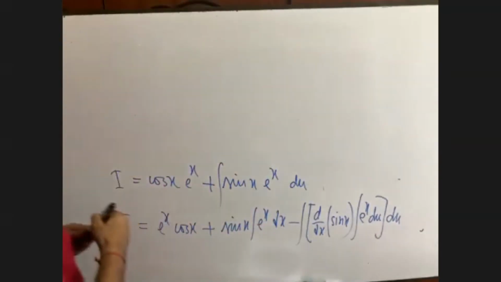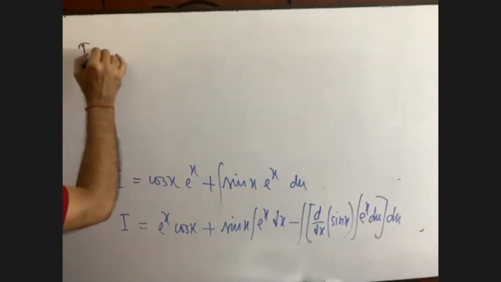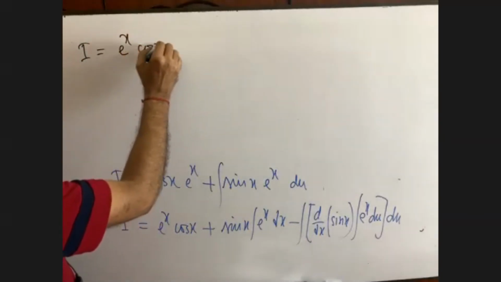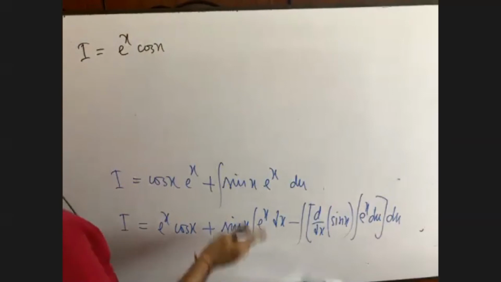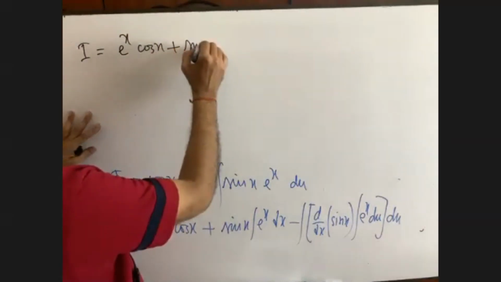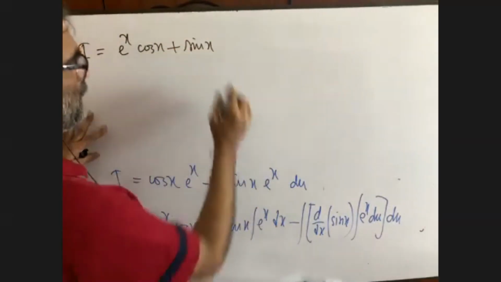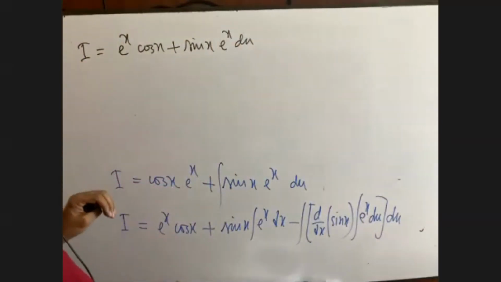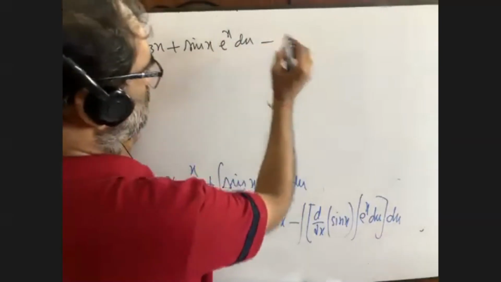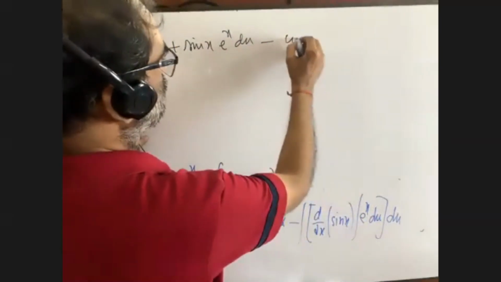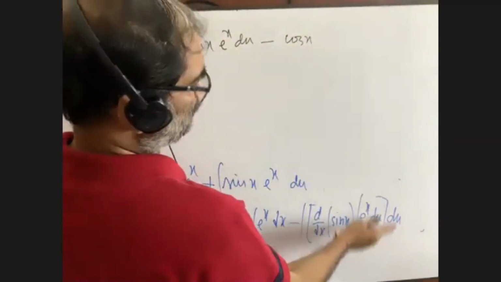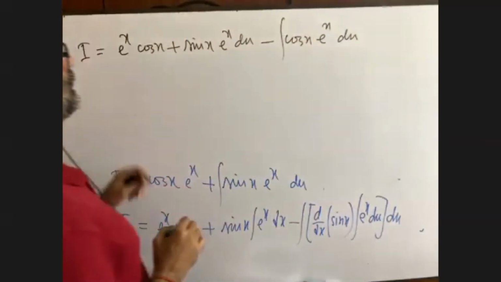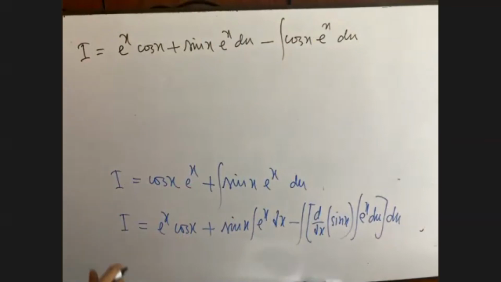Now let me know, which is again I equals to e to the power x cosine x plus sine x e to the power x dx minus sin x is cosine x, e to the power x dx.